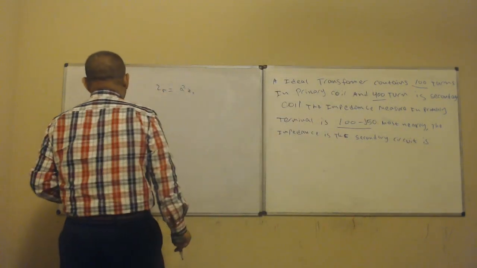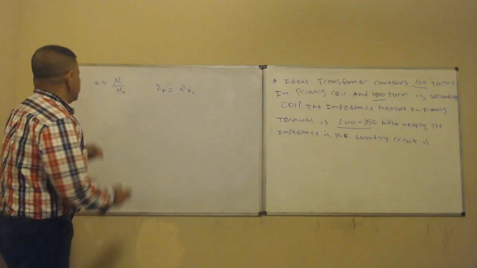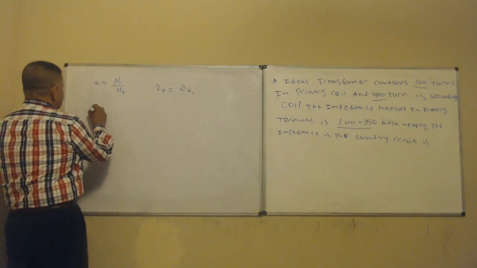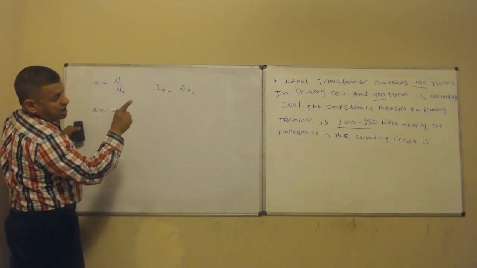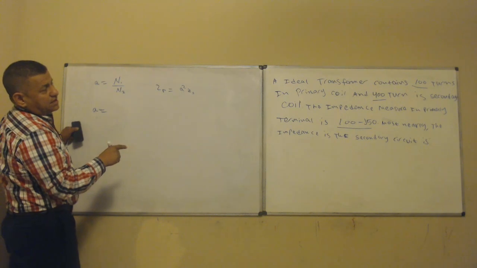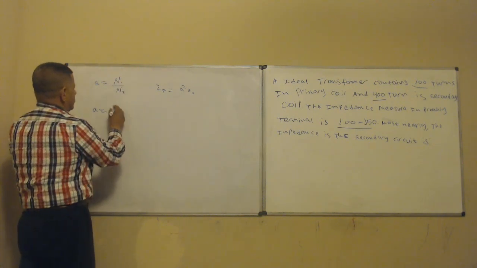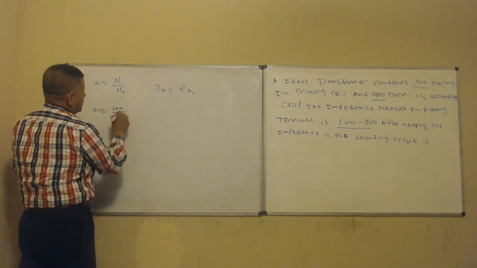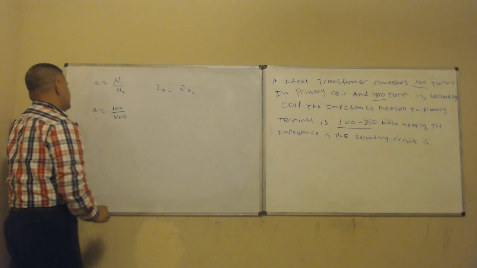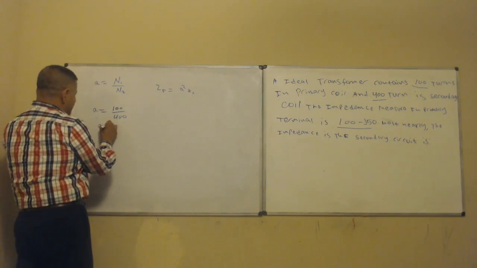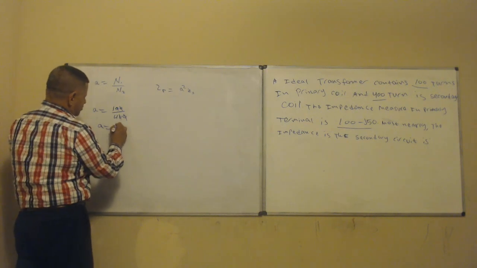First, we need to find our A. So A is going to be 100, the primary, over the secondary, which is 400. So A is equal to 1/4.